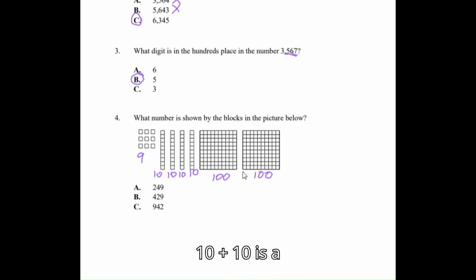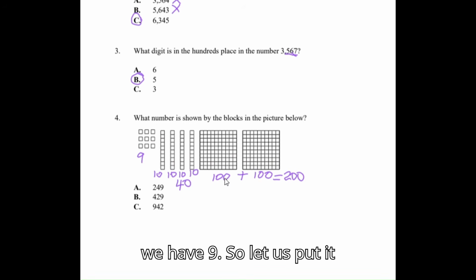So 100 plus 100 is equal to 200. 10 plus 10 plus 10 plus 10 is equal to 40, and then we have 9.